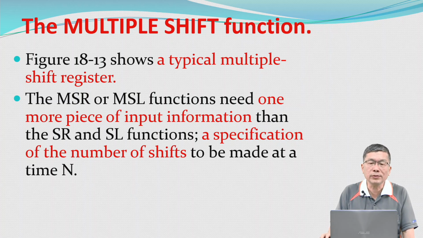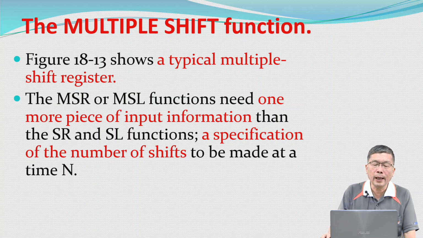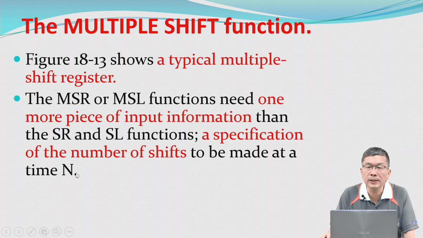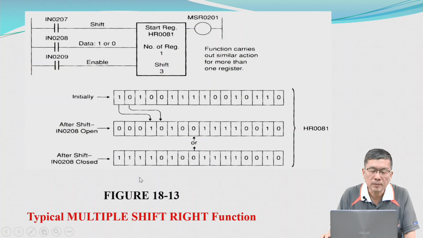Figure 18.13 shows a typical multiple shift register. The MSR or MSL functions need one more piece of input information than the SR and SL functions: a specification of the number of shifts to be made at a time, n. This picture shows a typical multiple shift right function.